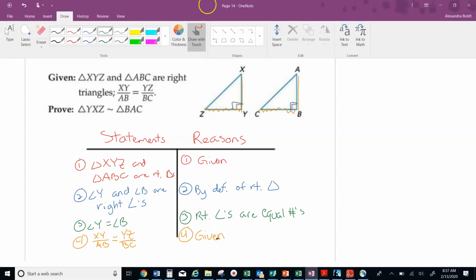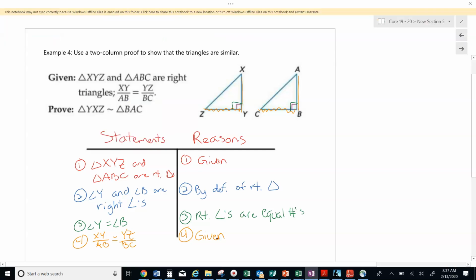And if I look, I now have my side angle side. So now I can say triangle YXZ is similar to triangle ABC. And why can I say that? Side angle side. Okay? So a proof is like talking to a 2-year-old.